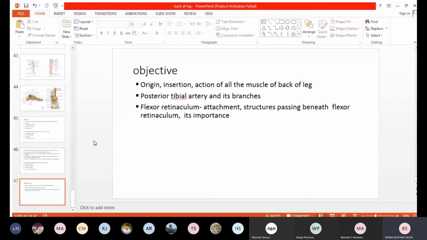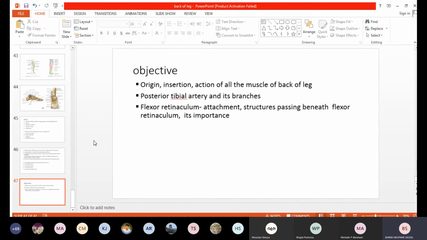So during the contraction, what do you do? Hallux, you remember? During the plantar flexion of the hallux, contraction of this muscle will be there. So there your action will be over the distal part, that is the hallux. That is the plantar flexion of the hallux, the great toe.